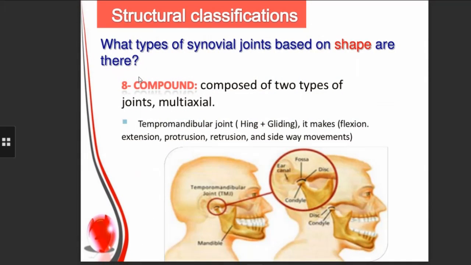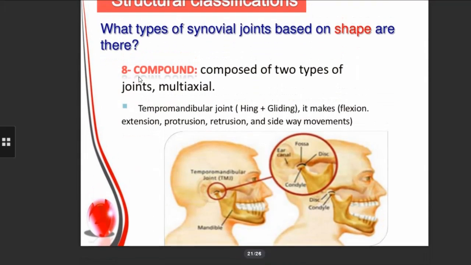Eighth one is the compound joint. Compound means that it is composed of two or more types of joints, like a multiaxial joint. Its direction of movement is multi-axis. An example is the temporomandibular joint, where this is the temporal bone and this is the mandible.